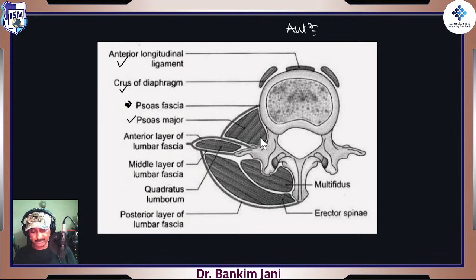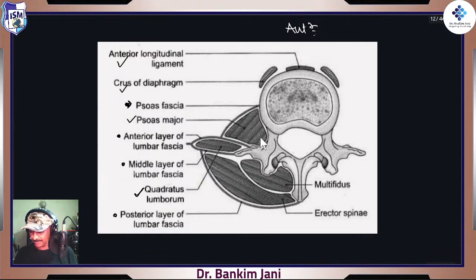So psoas major, that's a muscle, right? Then we do have that quadratus lumborum, you are comfortable with that. And these are all the lumbar fascia, right? So there is an anterior layer, there is a middle layer, and then there is a posterior layer.